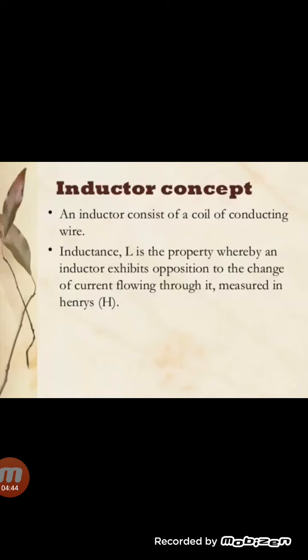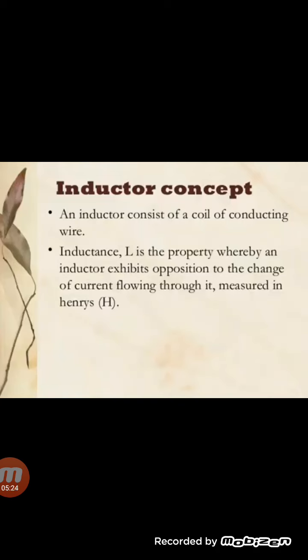Now, I have shown you the figure of the inductor before, and now I will tell you about the inductor concept. An inductor consists of a coil of conducting wire, and inductance is the property whereby an inductor exhibits opposition to the change of current flowing through it, measured in Henry. Okay, inductance is the property whereby an inductor exhibits opposition.